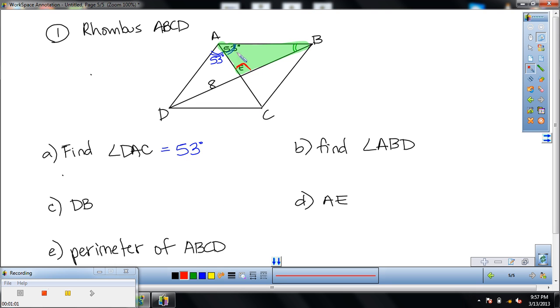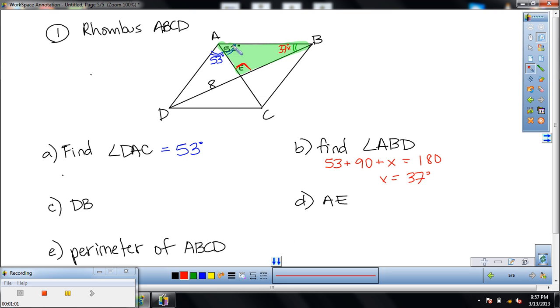So now I have two angle measures of this triangle, which can help me find the third. So I can say 53 plus 90, because of my diagonals, plus my unknown angle x, is equal to the sum of all the angles of a triangle. When I add my like terms and subtract from 180, I get 37 degrees. So I was able to find that missing measure.